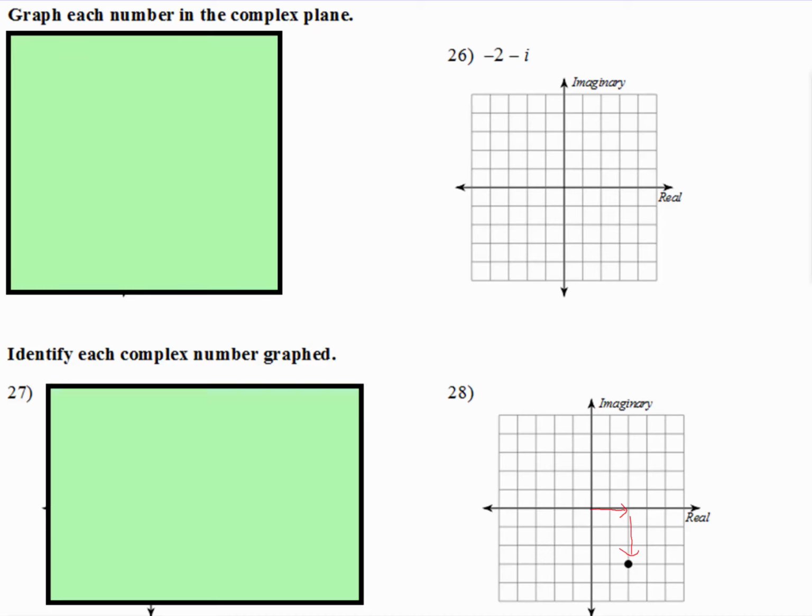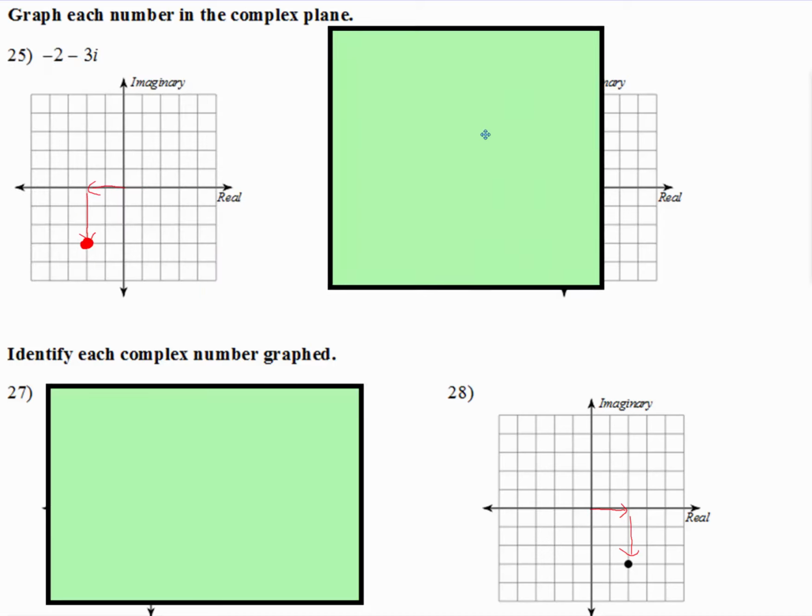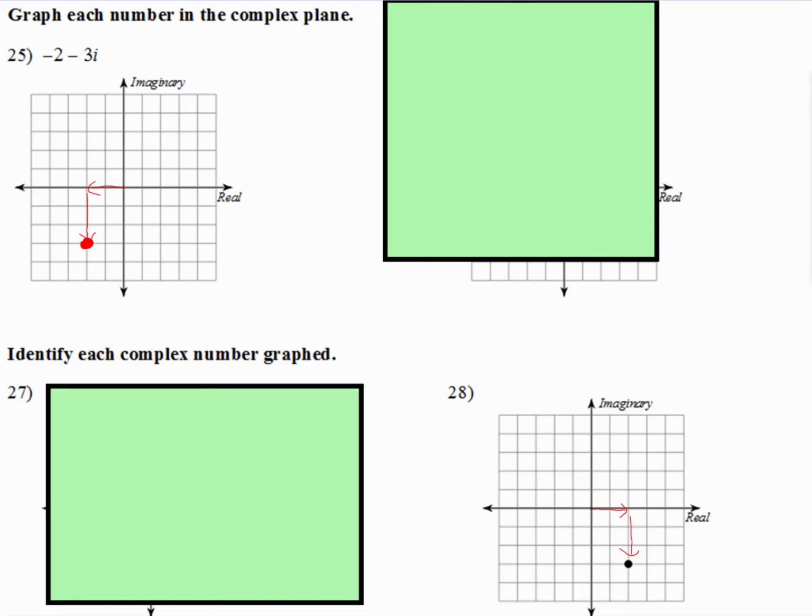We're going to come over here. And for -2, I came over -2, kind of like if that would have said -2 something. And then -3i, remember the y, what usually is the y-axis is now the imaginary. I'm going to go down 3.